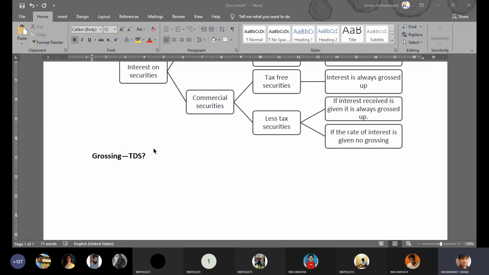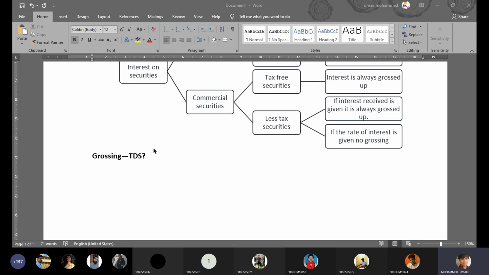So I should do it by myself. The government will not deduct TDS. So why is it called less tax securities? Because there is no TDS. The government is not deducting TDS.